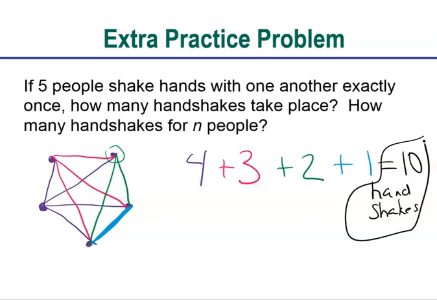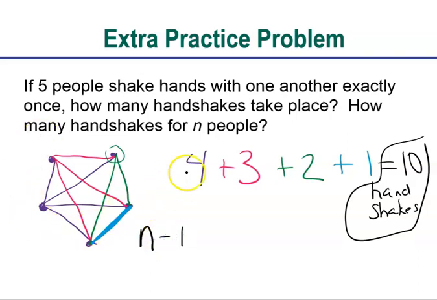Now, notice with 5 people, the first number of handshakes was with 4 other people, right? And then it was with 3 people when you move to another person, then with 2 people, and then with 1 person. So if you're talking about N people, you would take N minus 1, right?